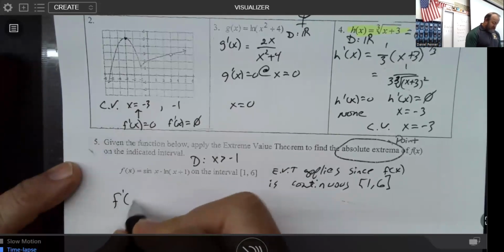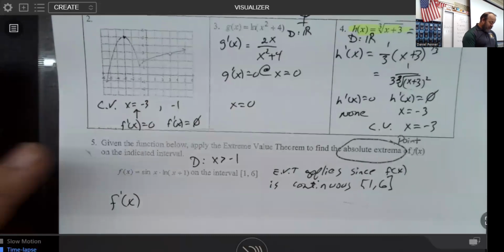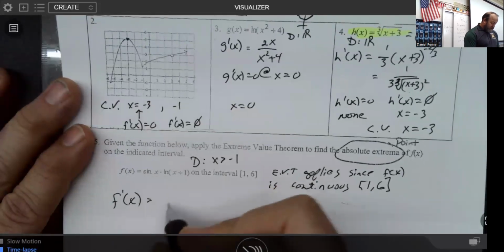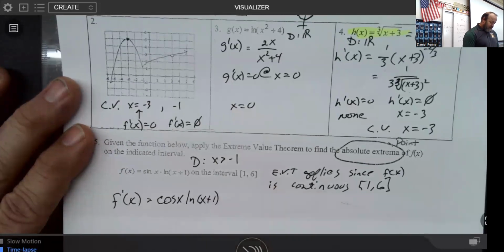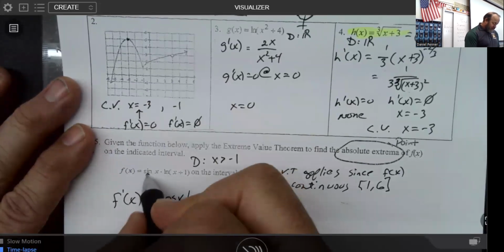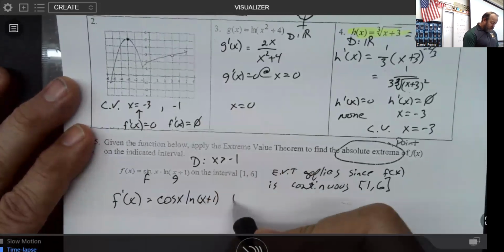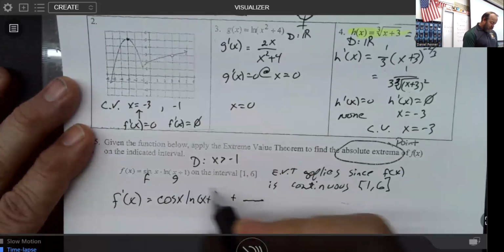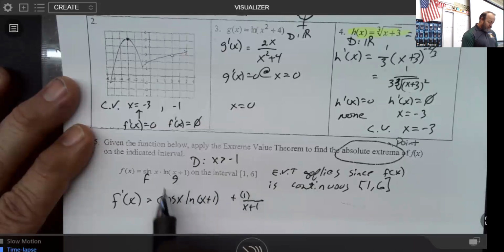So let's just see what happens. The EVT specifically mentions the derivative, so let's do that. We have a little product rule. The derivative of the sine is the cosine. So remember we're going to think about it this way: here's f prime and here is g, plus g prime, which is 1 over what's inside, times the derivative of what's inside, or 1 over u du, if you will.